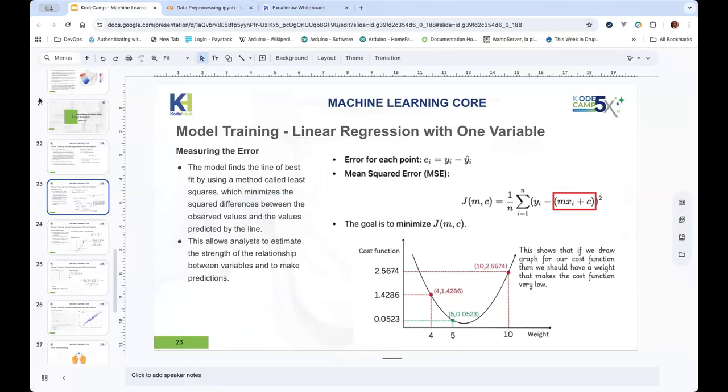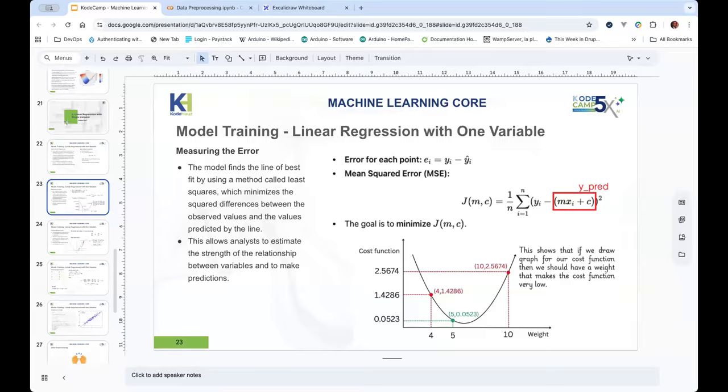So what we actually have here is y pred. Maybe I should use a red color. But this is y pred. This is a predicted value right here. So we are just trying to calculate the difference between yi, which is the... yi is what? The actual value I want it to predict, right? This is yi.